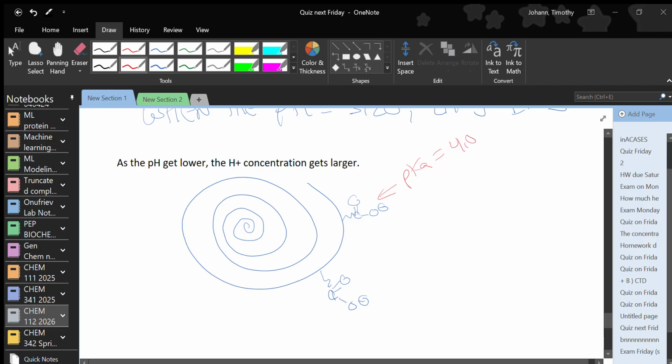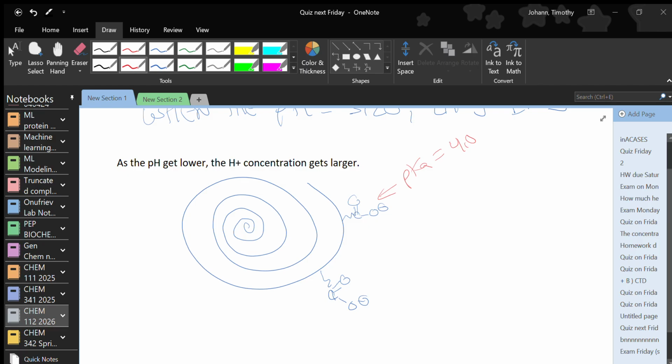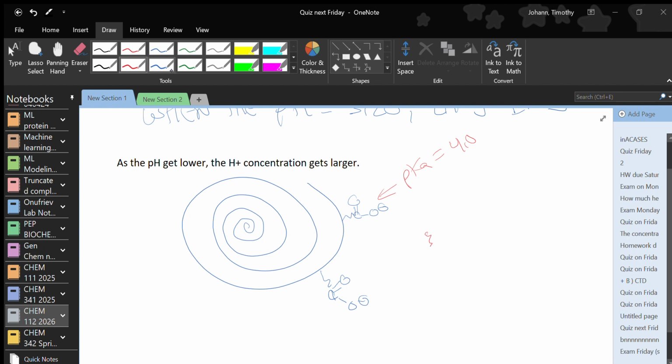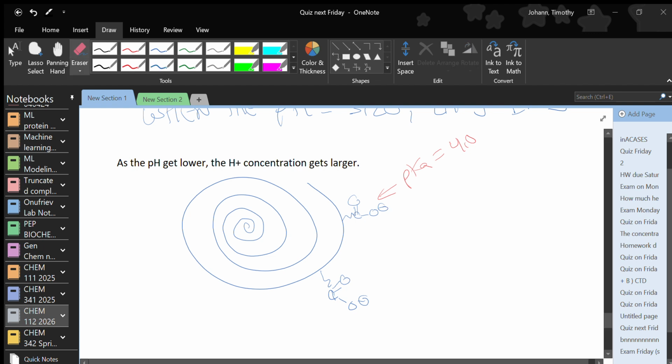What I now know is that when the pH is lower, this thing right here can look like, if we think about what it looks like in solution, it's either in its acid form or it's in its base form, like that.